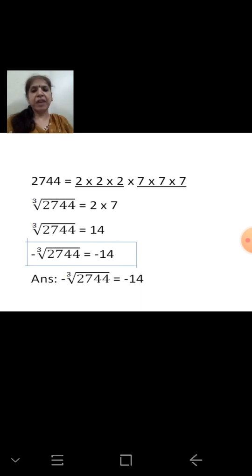Till then, the same factors, the same way we have done the previous sum. As the number is negative, the cube root answer also will be negative. So first you put the negative sign, then you write the cube root of 2744. So be very careful: your negative sign will come, the 3 for the cube root will come, and then the final answer.